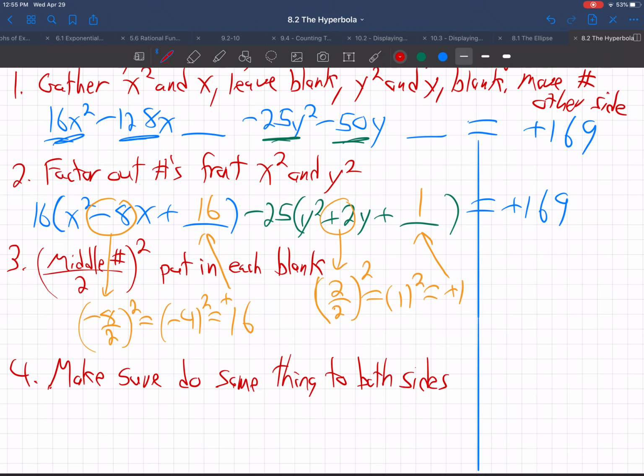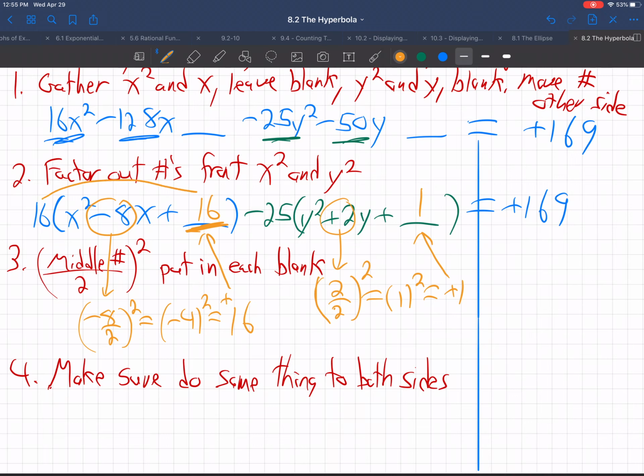I just changed something on the left side, didn't I? I just put in a brand new 16 here that was never there before. We had a blank before. There wasn't a 16. So if I put 16 on the left side, I've got to do the same thing to both sides. Now, that 16 isn't a 16 alone.